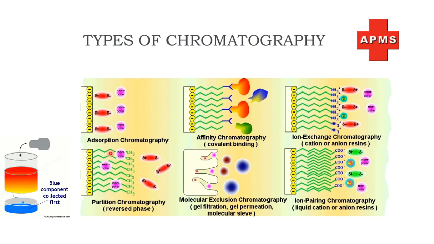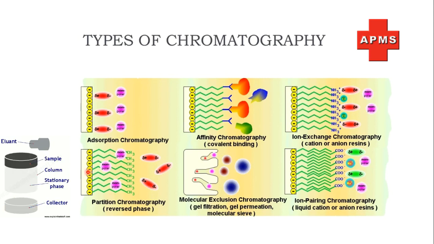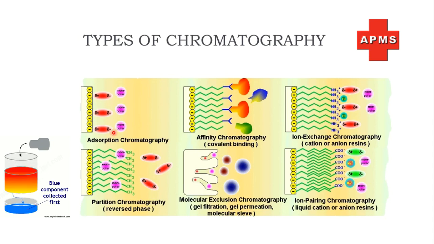So the stationary phase in partition chromatography contains liquid, that liquid which is coated over particles of solid materials, or the solid material which contains high surface area.